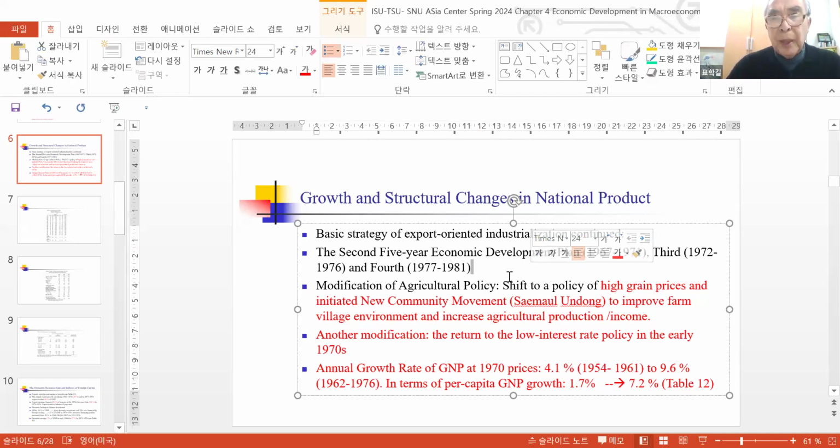So President Park wanted to create an environment in which villages and rural areas can gain something.